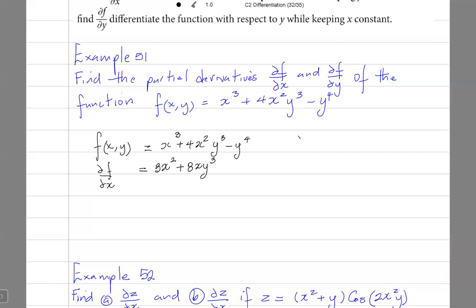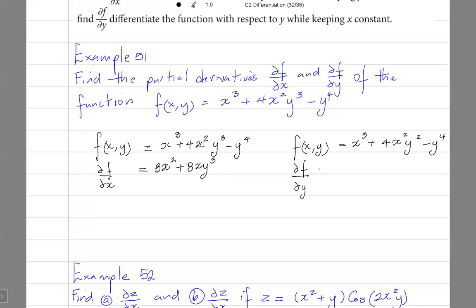Now the same function, f of x, y, is equal to x cubed plus 4x squared y cubed minus y to the 4th power. Now I'm going to differentiate the function partially with respect to y.